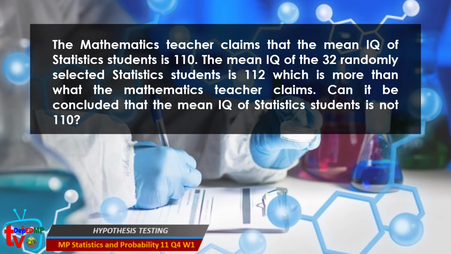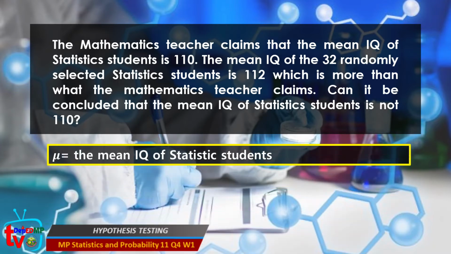In the given scenario, we are concerned with the population mean since our topic focuses on the mean IQ of statistics students. Therefore, our parameter is the mean IQ of statistics students. Now, the claim of the mathematics teacher is that the population mean is 110.